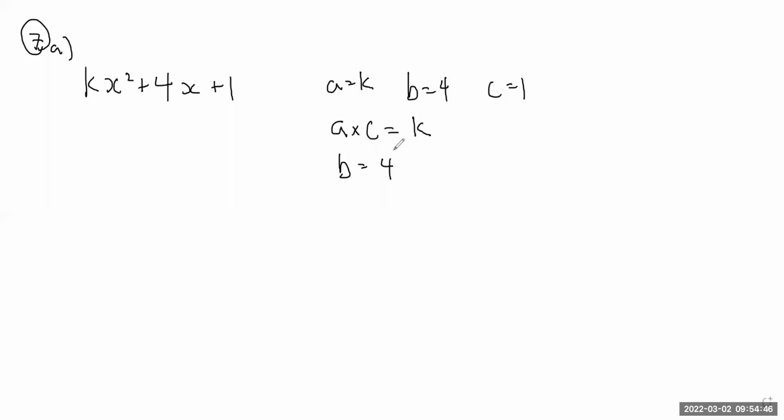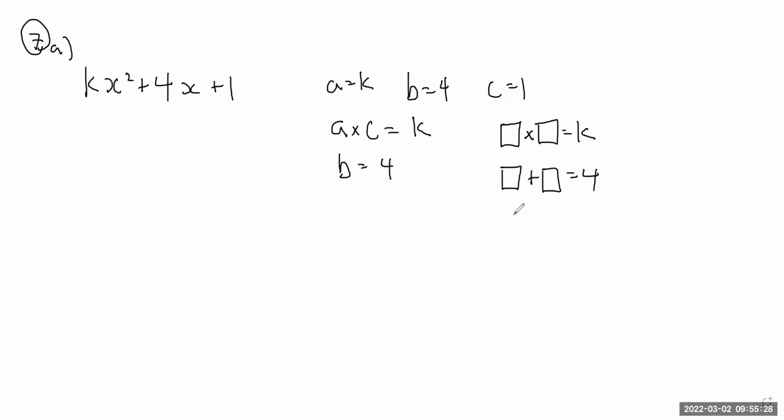If this is factorable, then I need two numbers that do what? Well, they would add to 4 because B is 4. And the same two numbers need to multiply to k. And that's the puzzle. Give me two numbers that will add to 4.